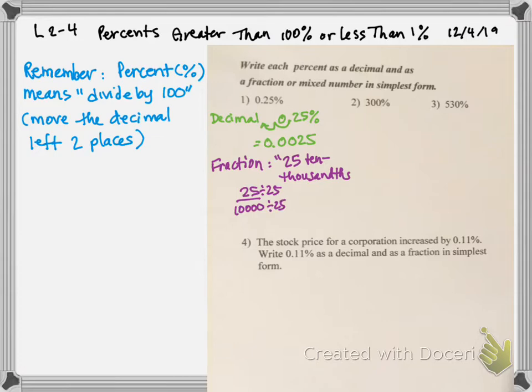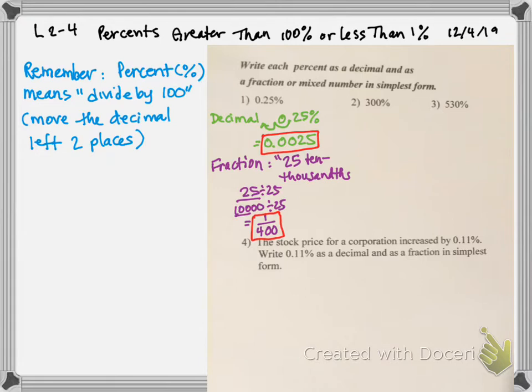Anytime you end up with 2 zeros or a multiple of 25, they're both divisible by 25. So 25 divided by itself is 1. See, 25 goes into 10,000 4 times with 2 extra zeros. So the two answers that I was looking for: as a decimal, 25 hundredths percent is 25 10,000ths, and as a fraction, it's 1 400th.